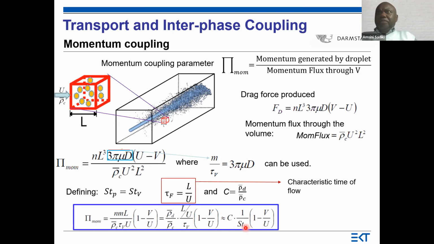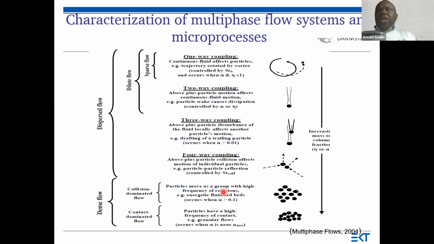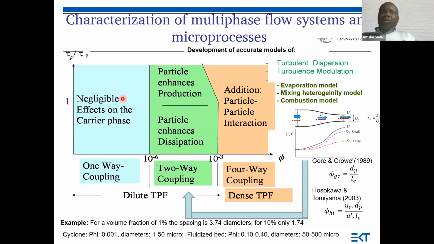Yeah, I think you have the answer to your question. In any way, we have a coupling, either one-way coupling or two-way coupling. In this case, we are not here, but we are here. We have this coupling in one-way coupling.